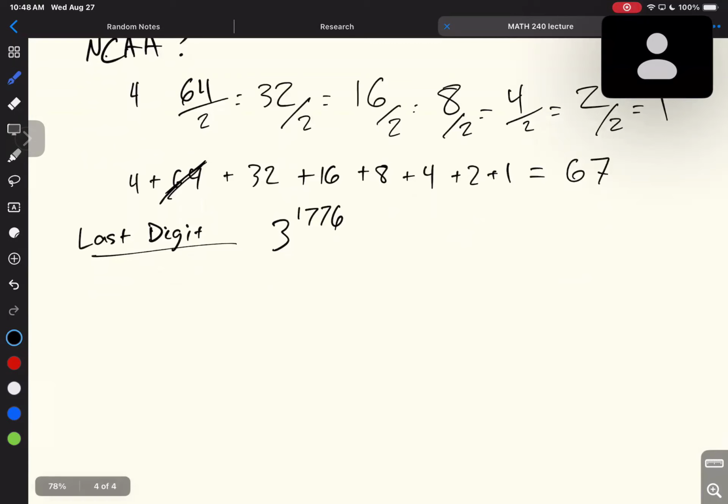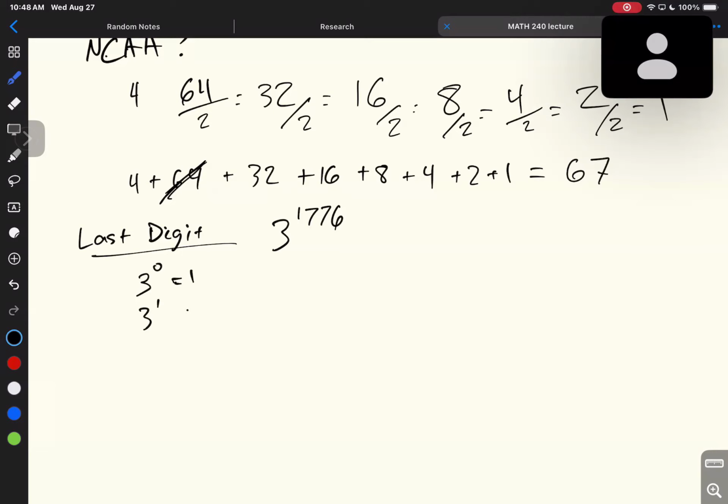But we don't need to do all of that. This is a technique that we'll go over again and again, where instead of having some huge problem, we start small. So we start with 3 to the 0. 0 is an exponent, and we know that number is 1.